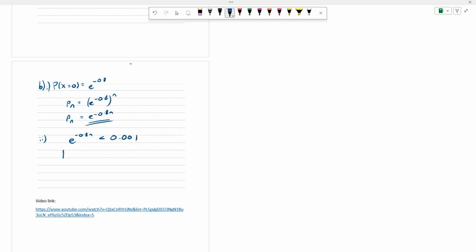So I'm going to have natural log of 0.001 less than minus 0.8n. I'm going to solve that. So that means n must be greater than 8.63, which means the smallest value for n should be 9.